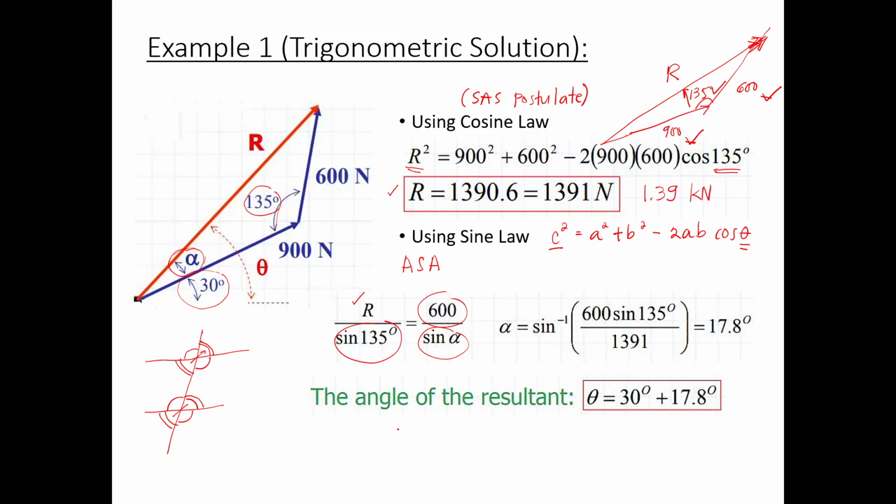But be careful: it's A over sine A, B over sine B, and C over sine C. Be mindful that angle A is opposite side A, angle B is opposite side B, and C is opposite, so they are facing each other.